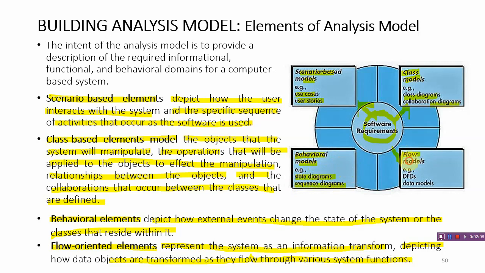In the flow model, examples are data flow diagrams and different data models, which we will look at briefly. We will focus more on scenario-based models and after that class models in this particular part.